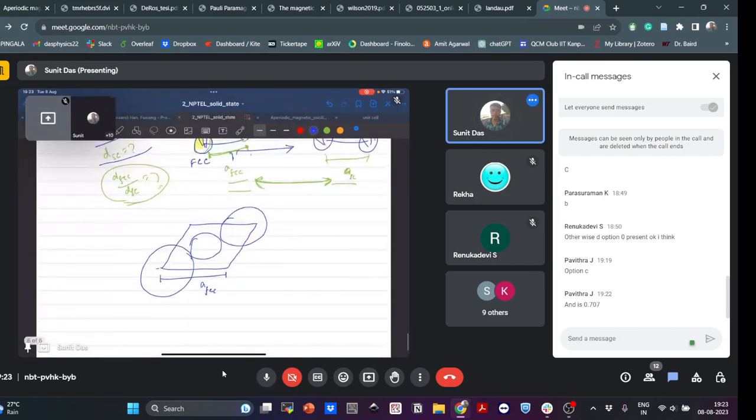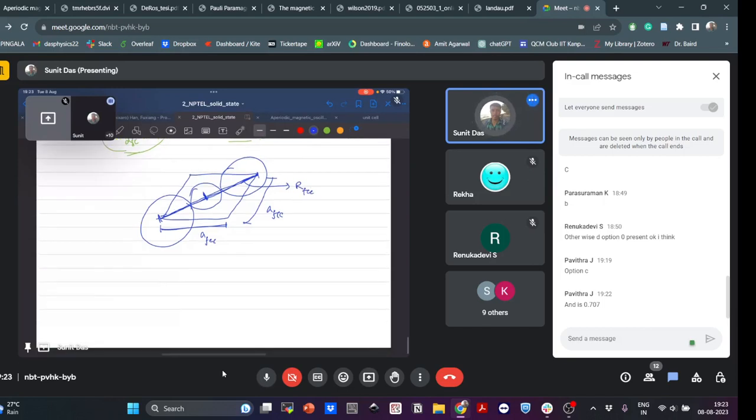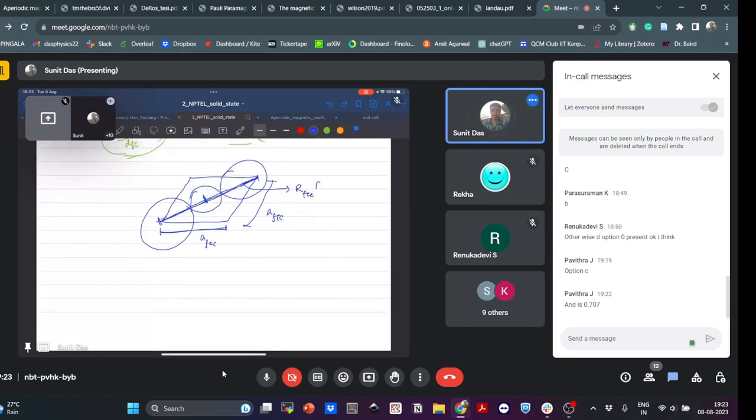This distance is also AFCC, right? So the overall distance, let's call it RFCC, is just the diagonal of a square.